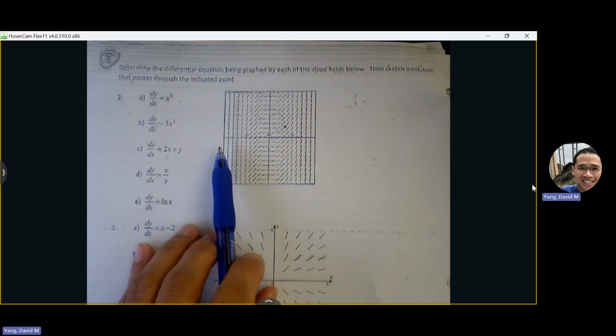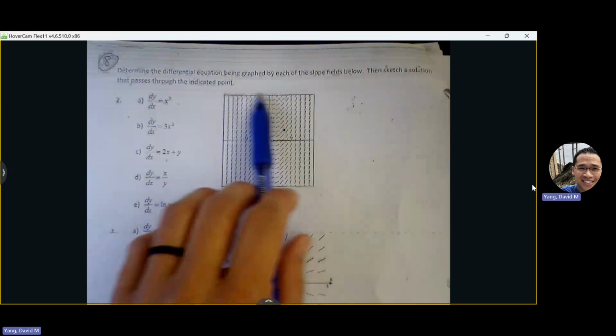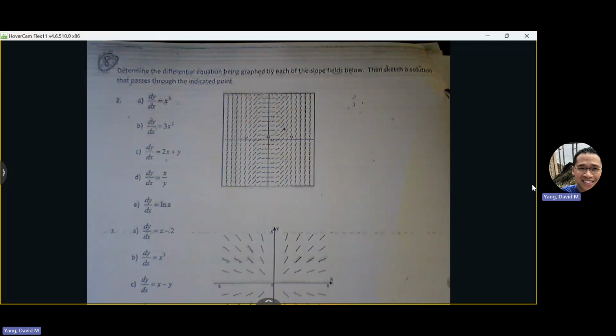Okay, so this is a better representation of what a full slope field would look like. You have hundreds of points all filled out with different slope segments. And it says, determine the equation that's being graphed by each of the slope fields, then sketch a solution that passes through the indicated point.